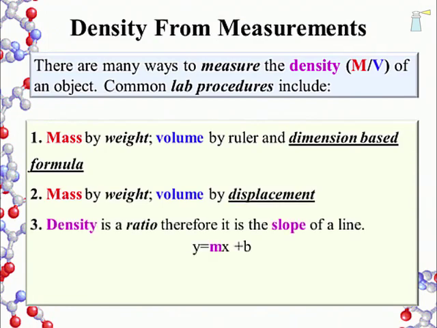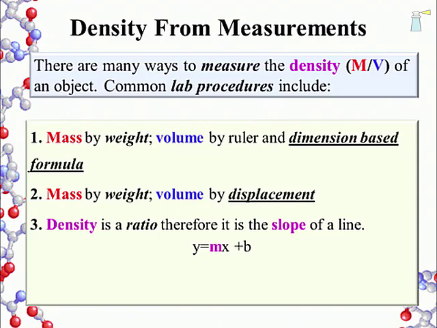3. Since density is a ratio, when plotted correctly, density is the slope of a line. Density from slope requires a review of the line y equals mx plus b, as covered in algebra. That is the student's responsibility to review.